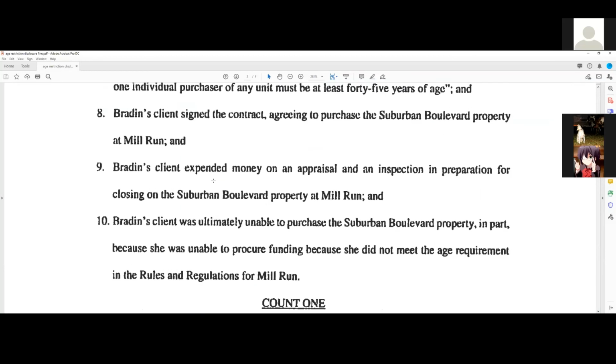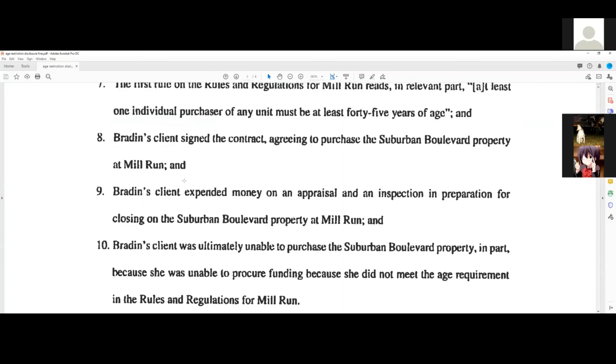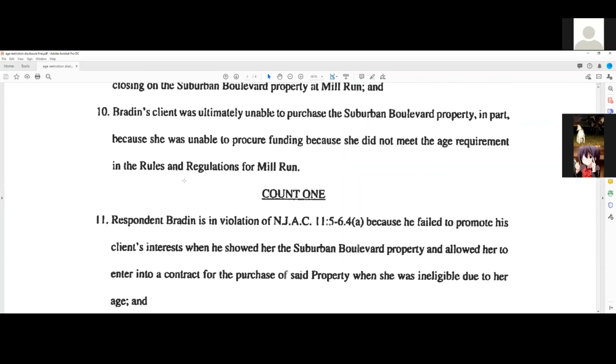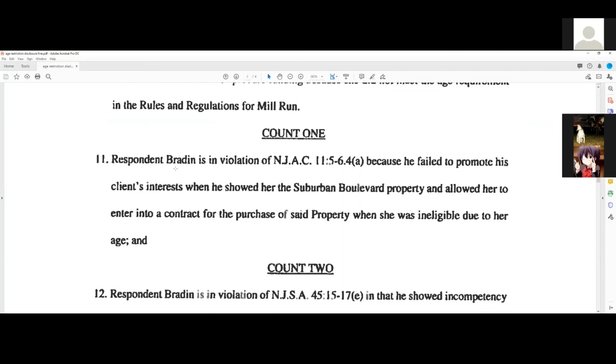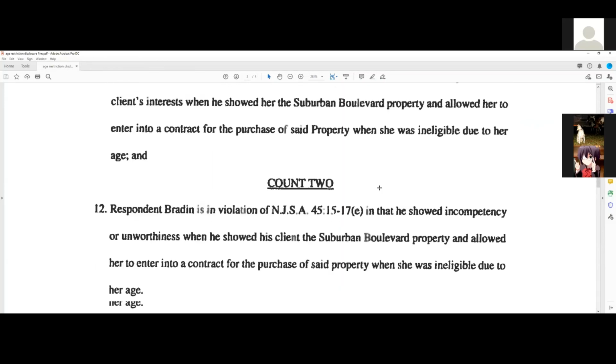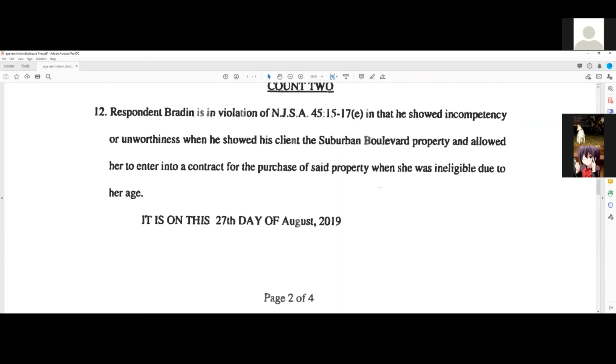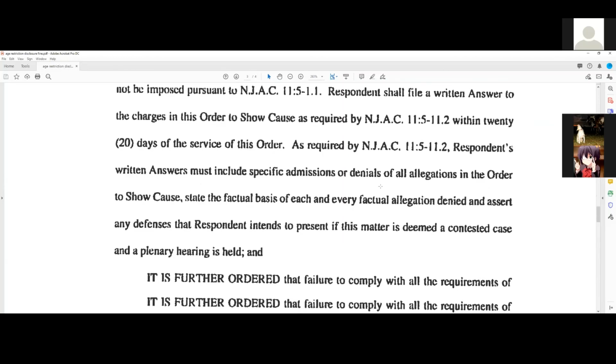And at the end, when the property went through the appraisal and everything else, so here you go. Respondent Braden was in violation of NJAC 11.564 because he failed to promote his client's interest when he showed her this property.